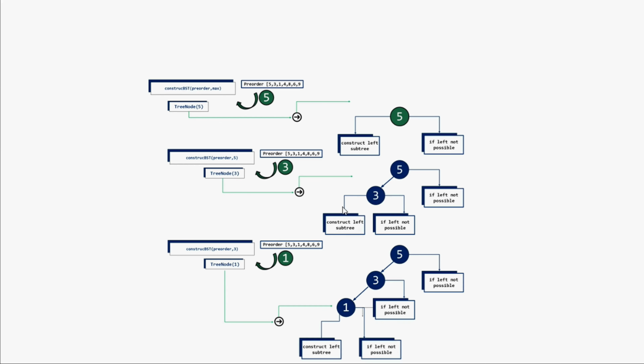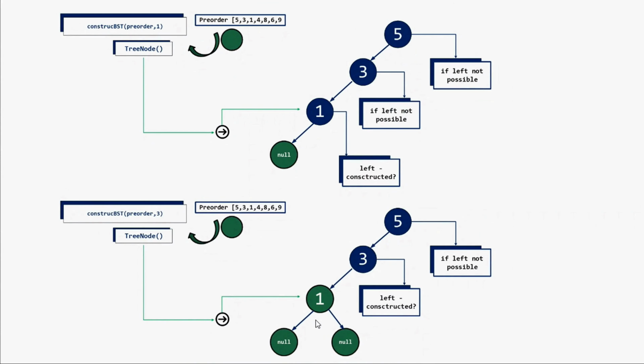Next, we'll focus on creating the left subtree of node 3. So we call construct BST with the next element 1 from preorder array and the boundary is 3. Since 1 is less than 3, it qualifies to be in the left subtree of node 3. Now we'll focus on creating the left subtree of 1.